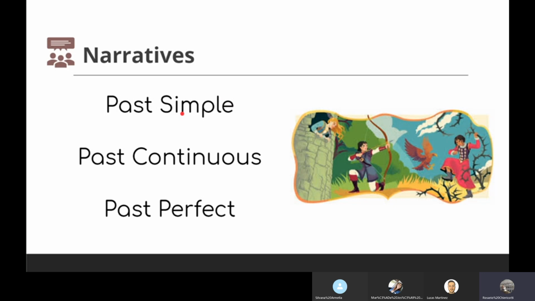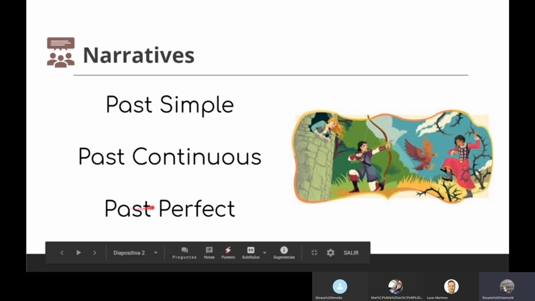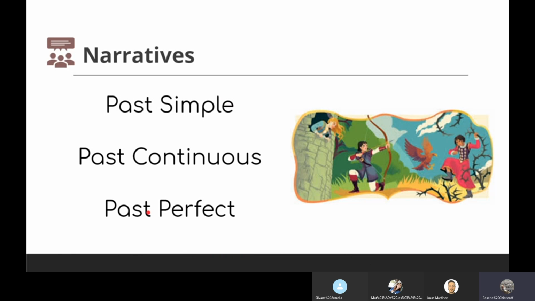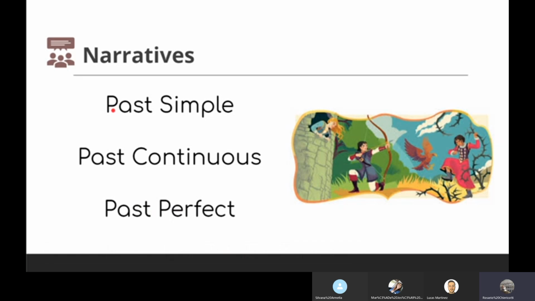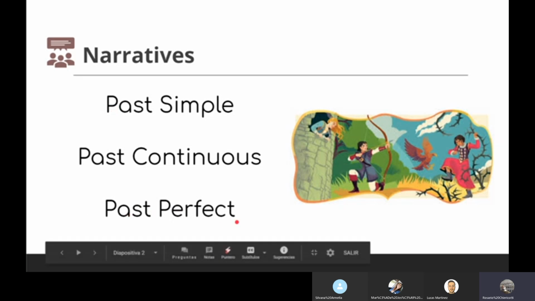And also, we may have actions or events that happened before the story that we are retelling, right? So I think this is the most difficult one, and this is the one that you are having some bit of trouble with, maybe.